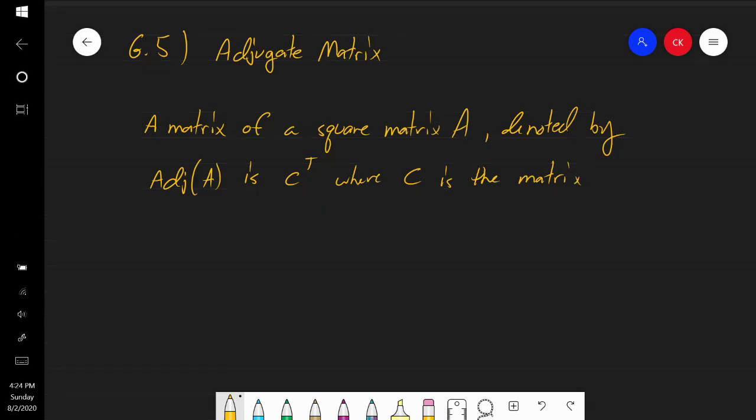And then we can transpose it to find this adjugate matrix.